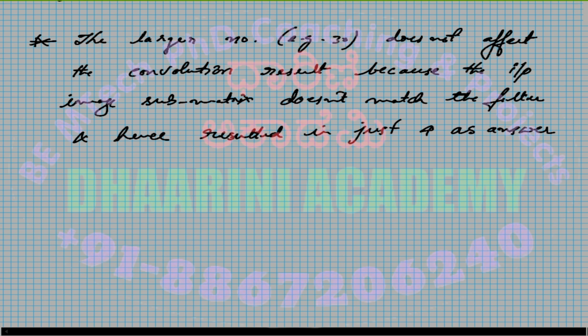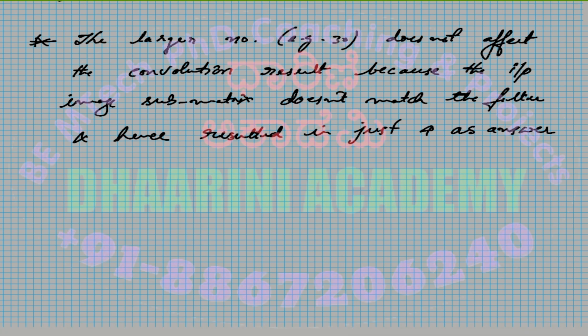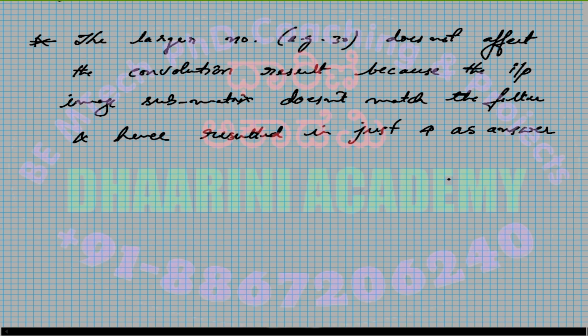So what is the conclusion? From this, the conclusion is that if the input image submatrix does not match the convolutional filter, you are going to get a smaller value or even zeros in the feature map. So that's the very important observation which we are going to make now.